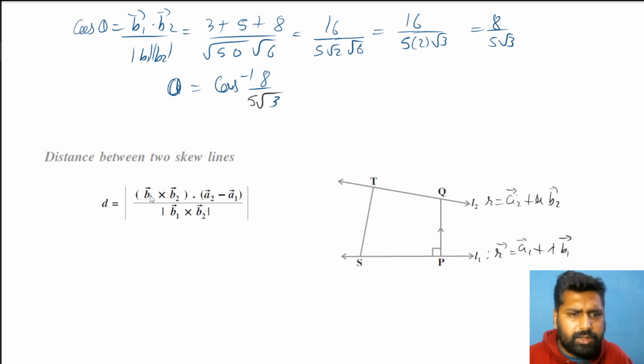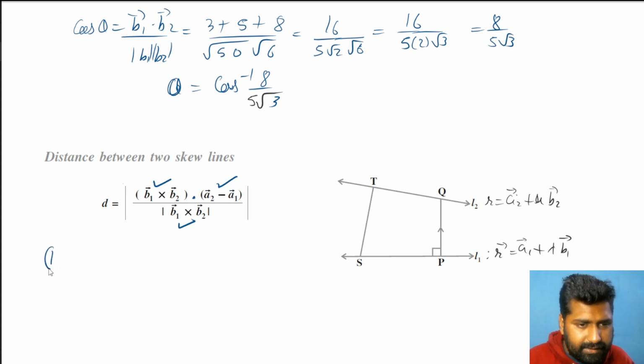If you have that, you calculate the magnitude of B1 cross B2, then do the dot product with A2 minus A1 upon magnitude. No, sorry, my bad. First you calculate the cross product, then you calculate its magnitude, then you do the dot product with A2 minus A1.